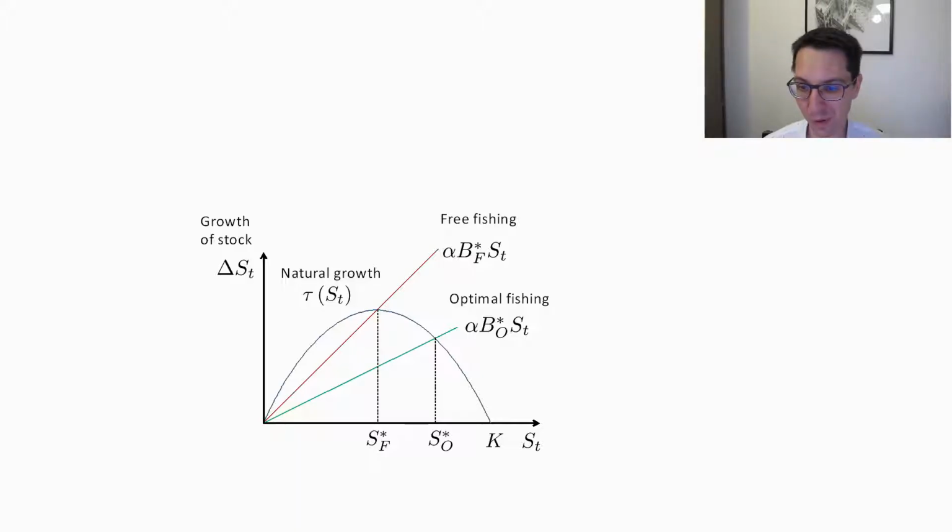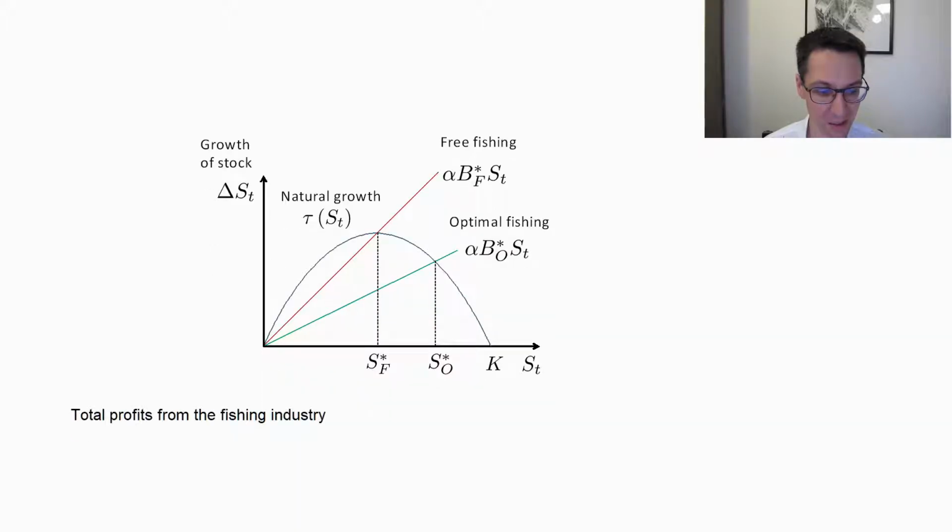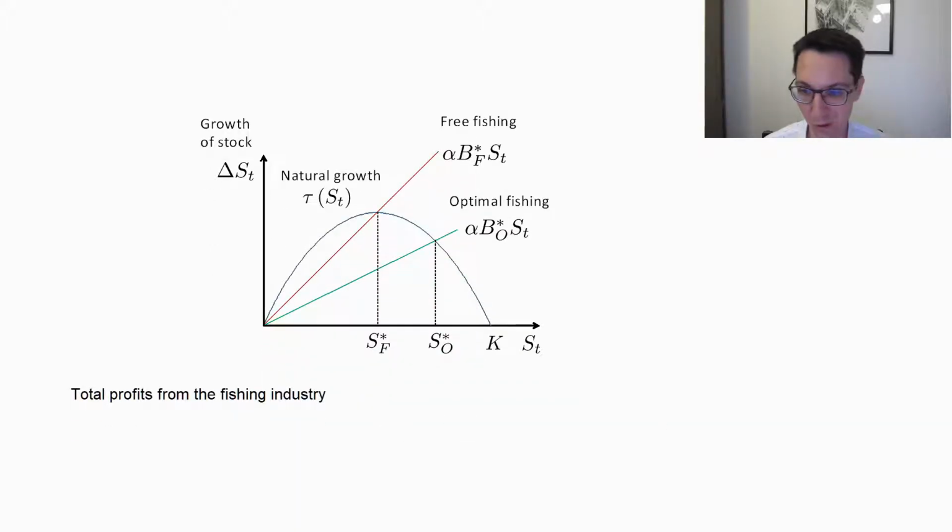So speaking of profit, we can go ahead and quickly compute them. So total profits are going to be profits of B star O, which are essentially the number of boats multiplied by the profit of one boat, which was, if you remember, a function of the stock of fish.